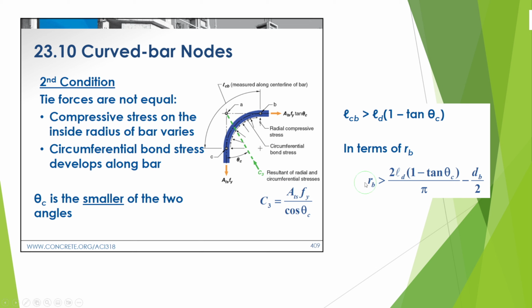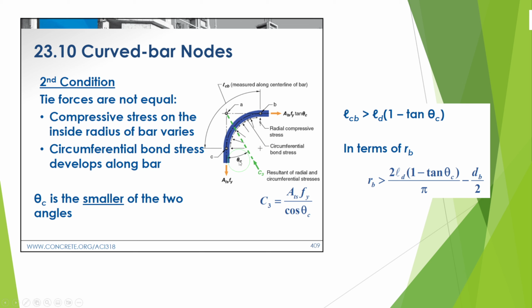To calculate this minimum radius, you have to find theta c. Theta c, this is the node, and this is the center line of the tie. We can find the theta using these dimensions as shown.